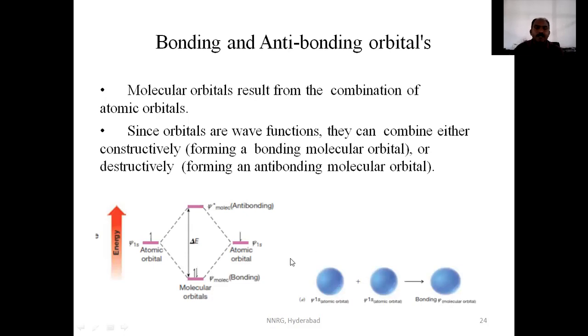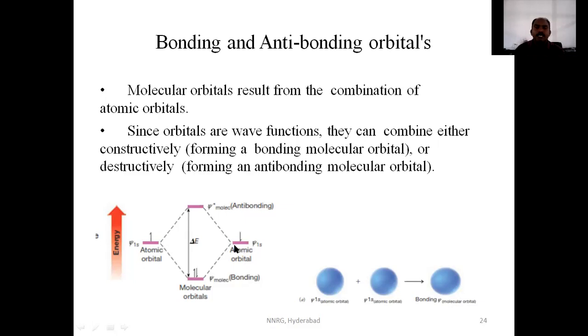What does it mean? If you take an example of atomic orbitals, one atomic orbital has one electron in the outermost orbital, and another atomic orbital has one electron in the outermost orbital. When the two combine, we'll take the example of hydrogen. Hydrogen has one electron in its outermost orbital, and another hydrogen has an electron in its outermost orbital.